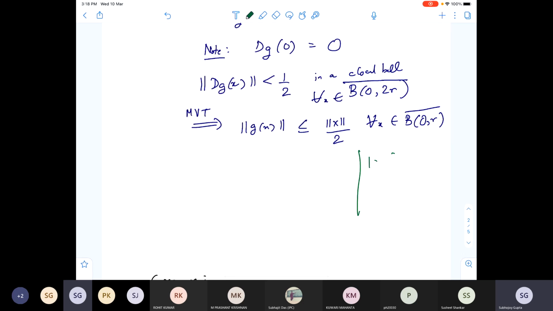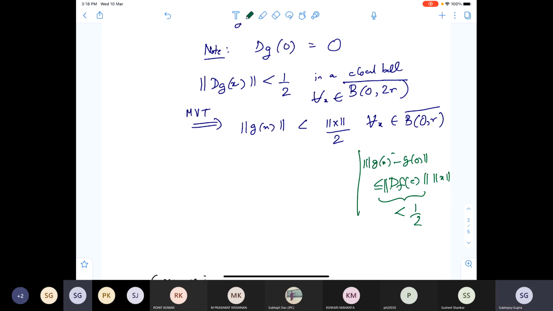It says that the norm of g of x minus g of 0 is less than the norm of dg at some point c times the norm of x. By our assumption, this is less than half. Maybe it's actually strictly less than half, but I don't care right now whether it's strict, so let me put strictly here.